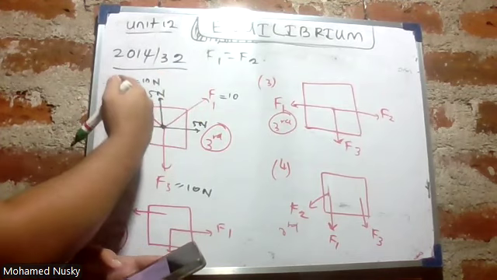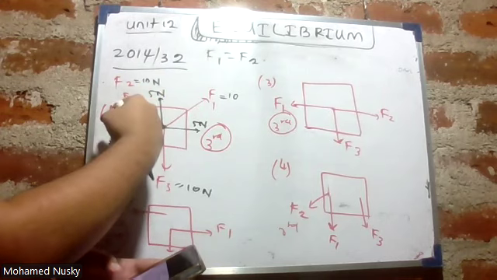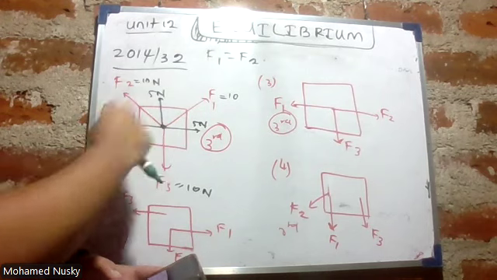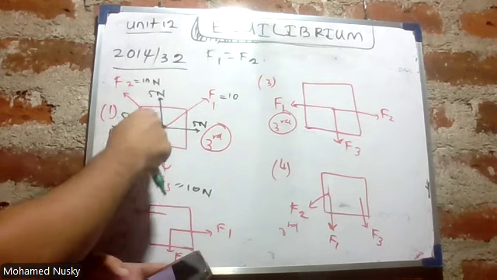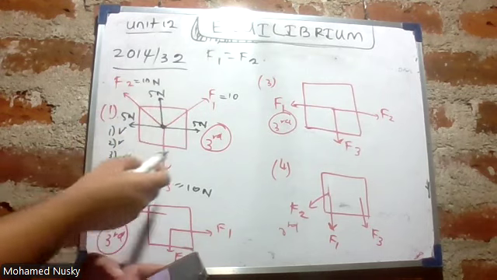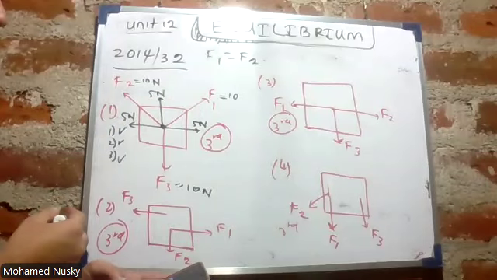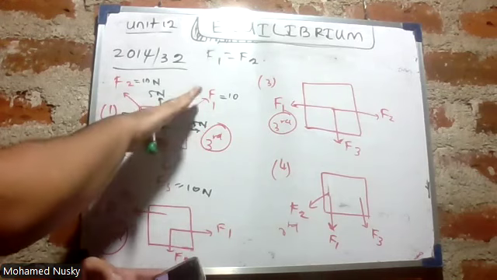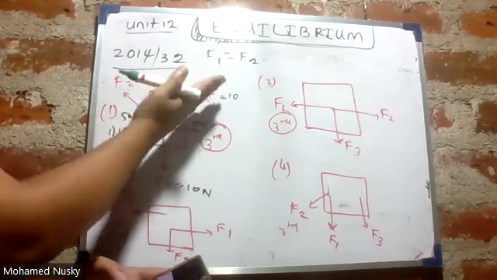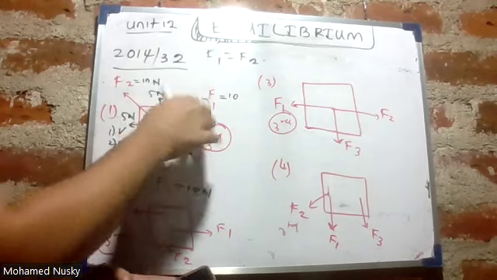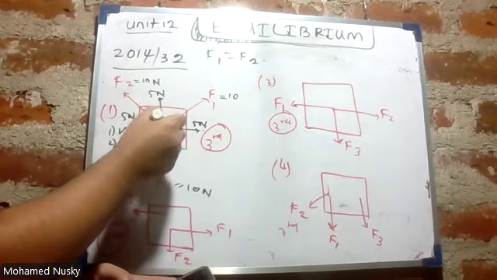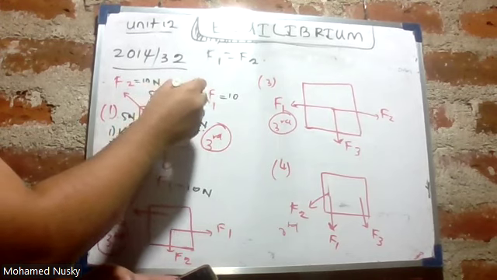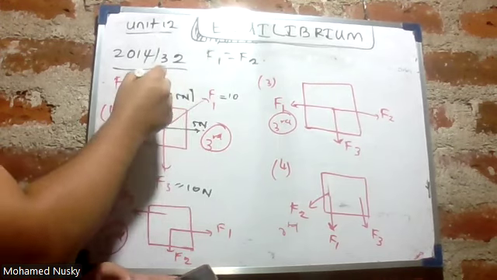Likewise, we take the x component and y component of F2. F1 x component is 5 Newton, therefore F1 y component is another 5 Newton in the upward direction.